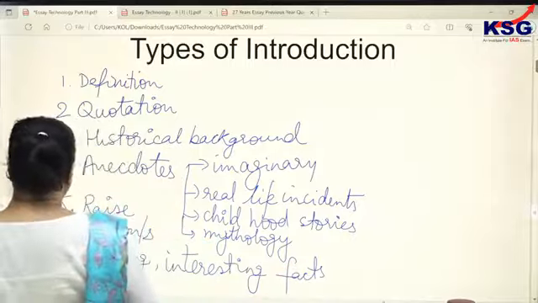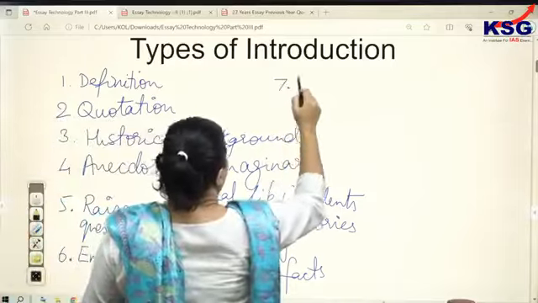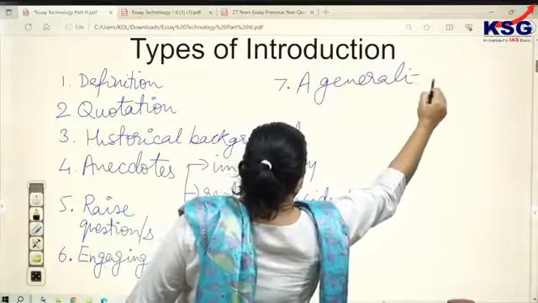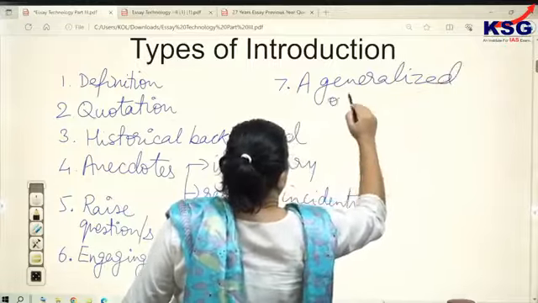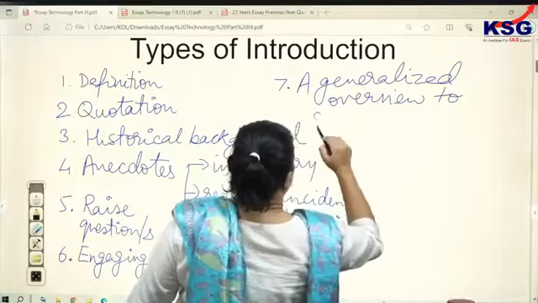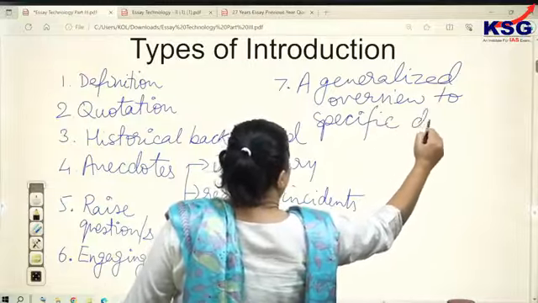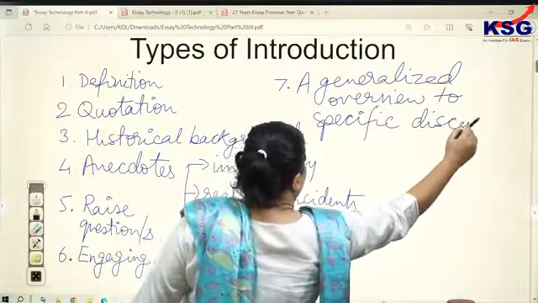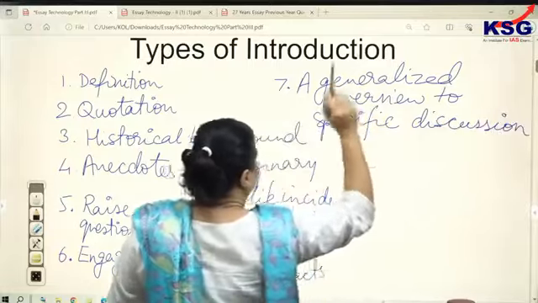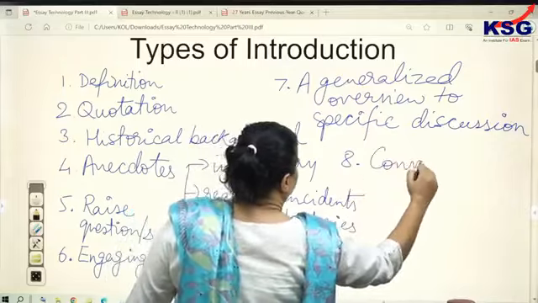Right? You can also start with a generalized overview to specific discussion. And there can also be a component related to conversation.